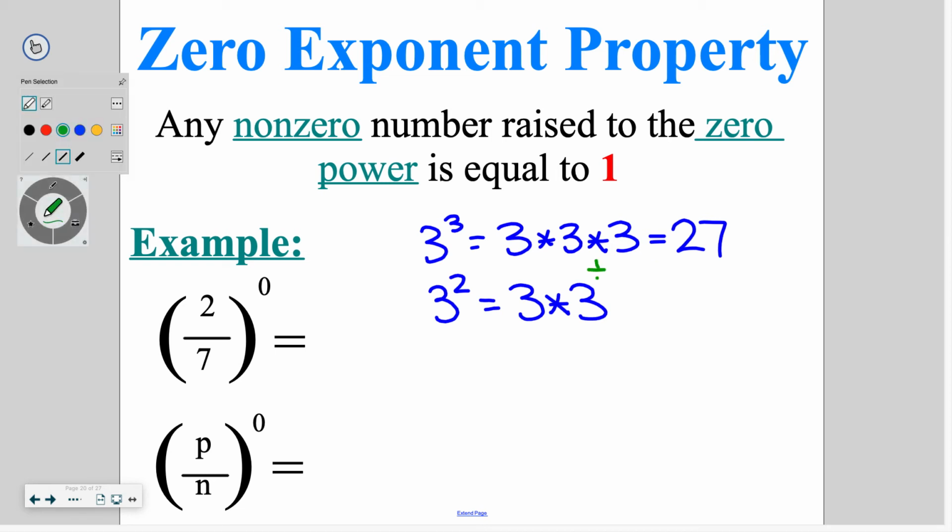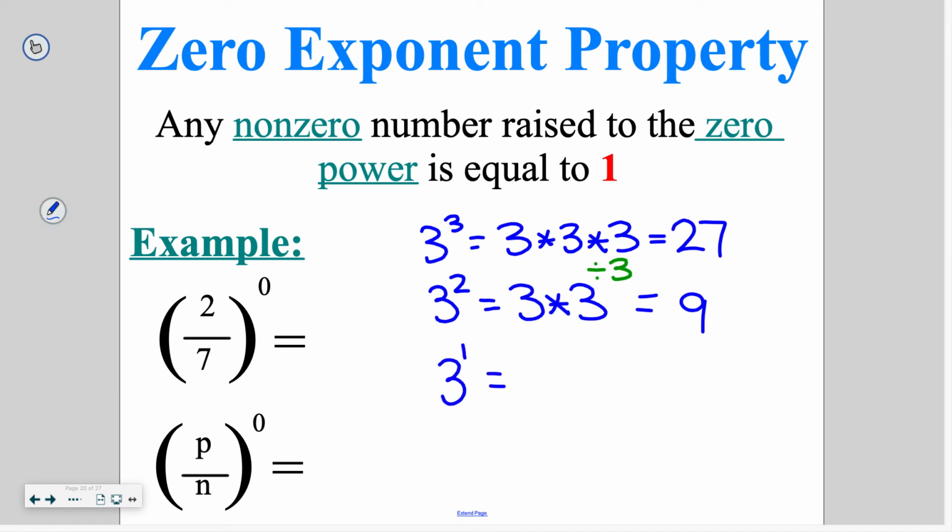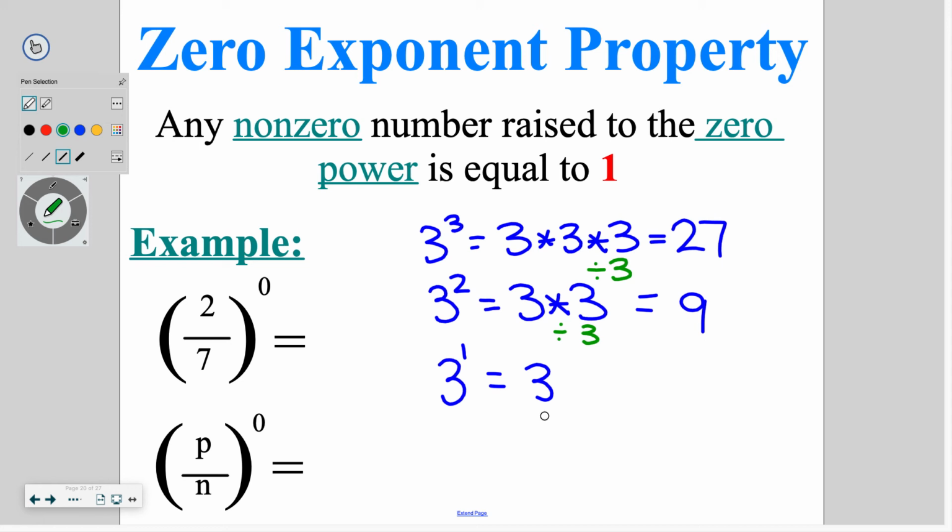So as we decrease the exponent, it's saying you're multiplying by less, aka you're dividing, which is going to give me an answer in this case of 9. 27 divided by 3 gives us 9. If we drop it down to 3 to the 1st power, that's just 3. To get rid of that multiplying by 3, we divided by 3. 9 divided by 3 is 3.